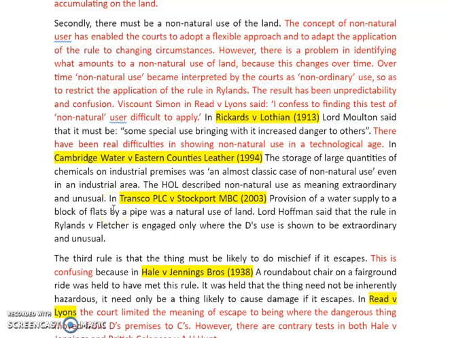Transco plc further developed it, and they talked about the provision of water supply to a block of flats was a natural use. And Hoffmann said that the rule in Rylands and Fletcher is engaged only where the defendant's use is shown to be extraordinary and unusual.